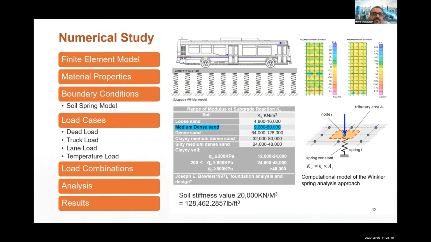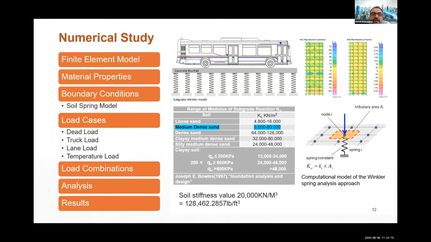So the subgrade and subbase basically were considered with these springs. Based on the type of the soil that we had, we consider a reaction modulus, which is called K, of 20,000 kilonewton per cubic meter.